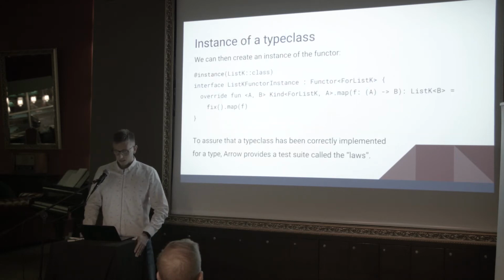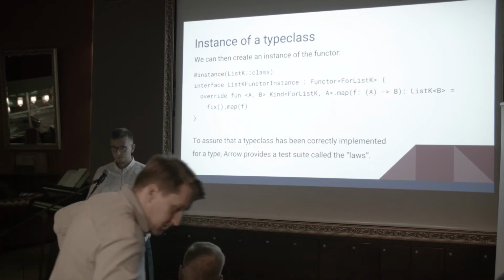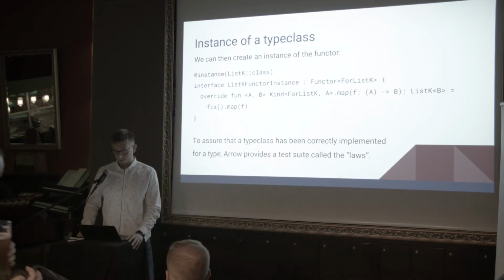How to get an instance of a type class? Because here we have a relationship which isn't an is-a relationship but a has-a relationship.